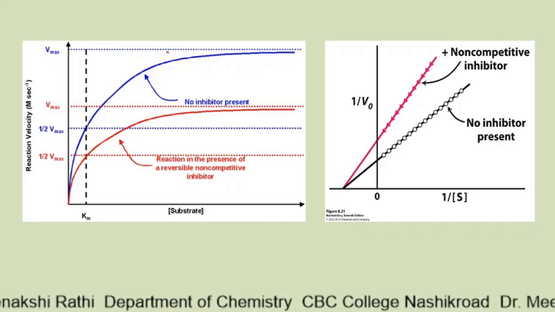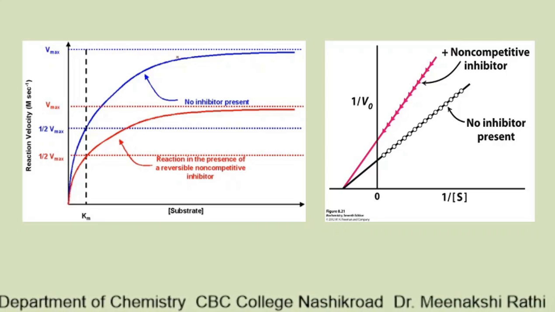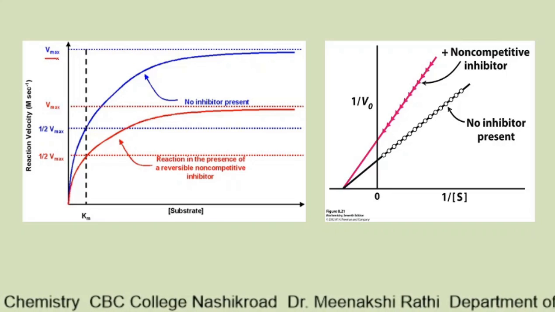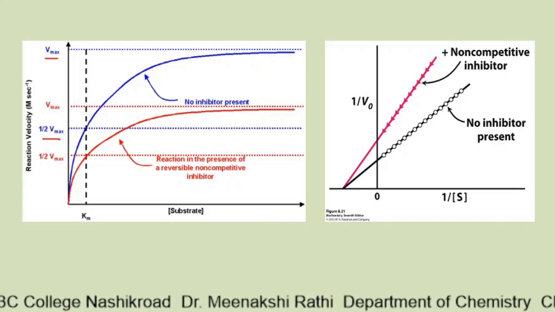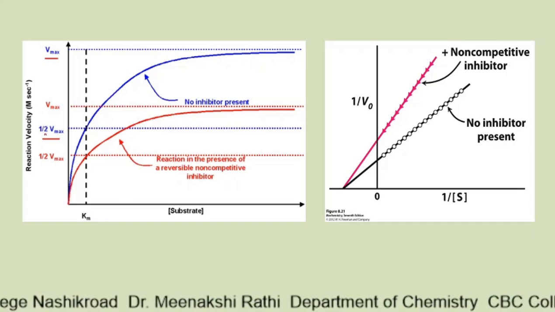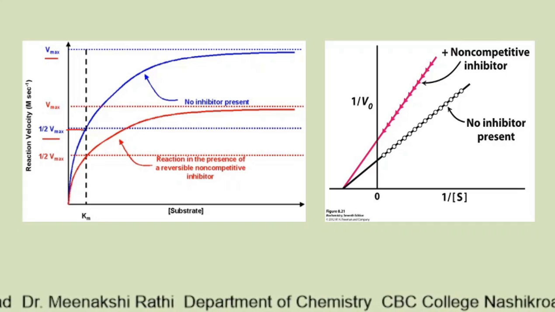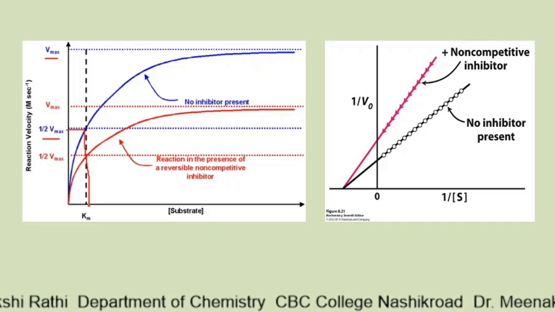This blue line indicates no inhibitor is present, and this is the Vmax, and this is half of the Vmax, and the substrate concentration at which the velocity is half is the value of Km that we have already seen.